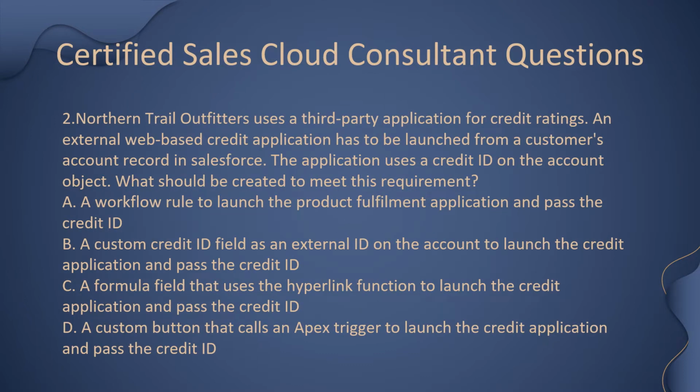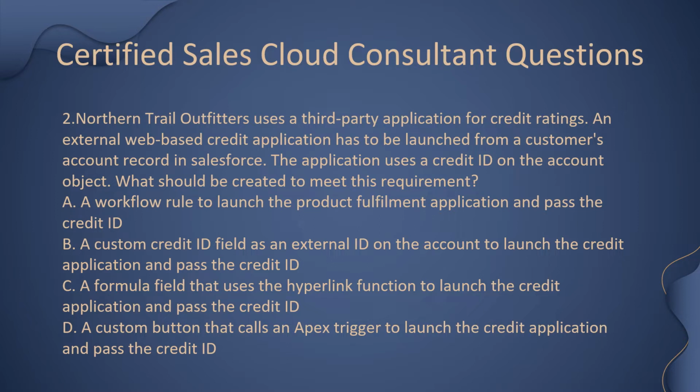2. Northern Trail Outfitters uses a third-party application for credit ratings. An external web-based credit application has to be launched from a customer's account record in Salesforce. The application uses a credit ID on the account object. What should be created to meet this requirement? A. A workflow rule to launch the product fulfillment application and pass the credit ID.